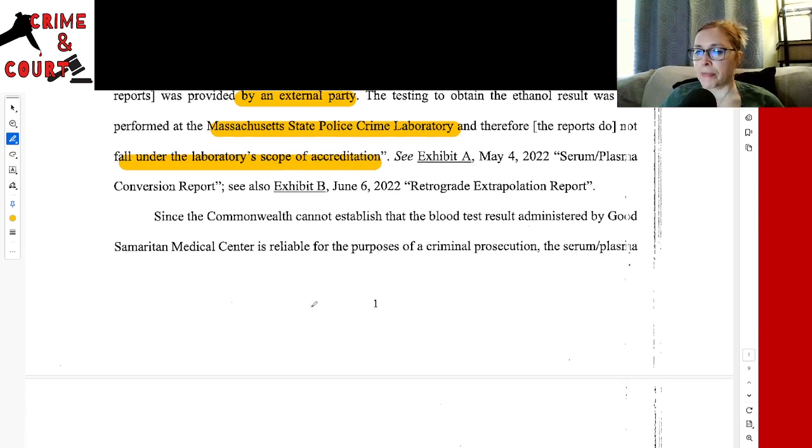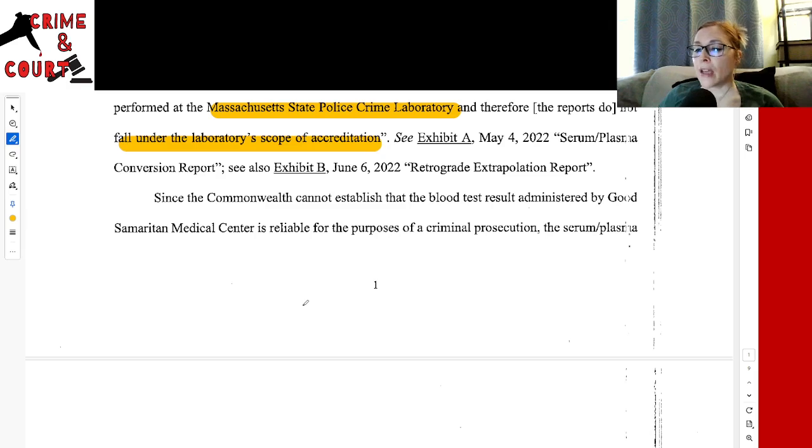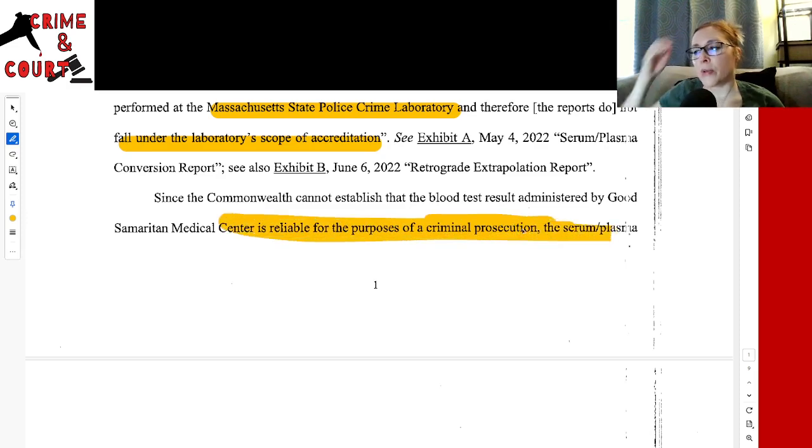It just went by. All right, so since the Commonwealth cannot establish that the blood test result administered by Good Samaritan Medical Center is reliable for the purposes of criminal prosecution, and that's what they were arguing before, and hopefully they have tightened up their argument here.